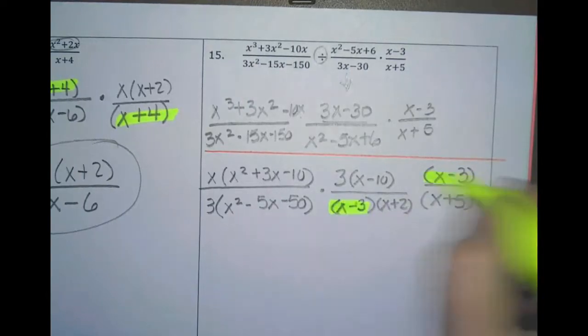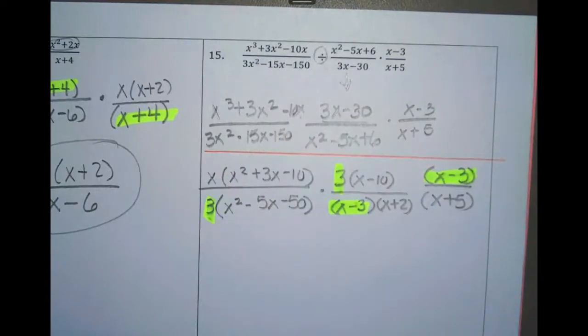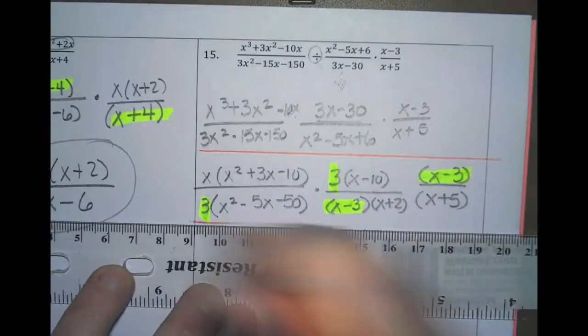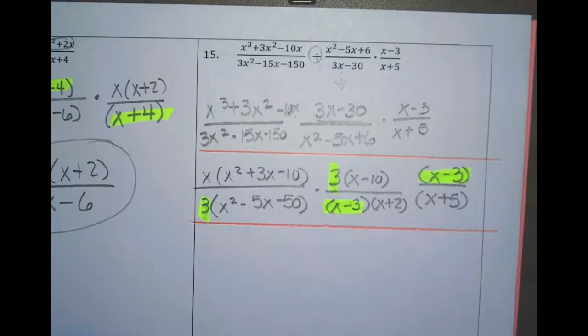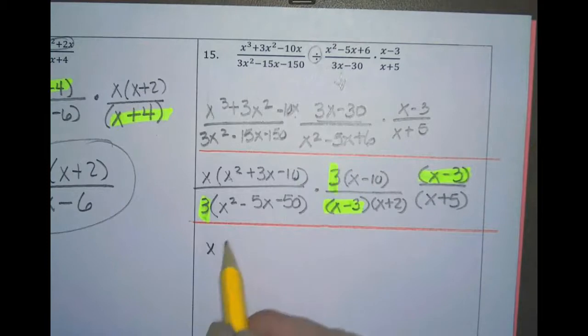This will cancel this. This 3 will cancel this 3. And then there is some more factoring that I can do. This right here, I have an x, and the factors of 10 are 5 and 2.